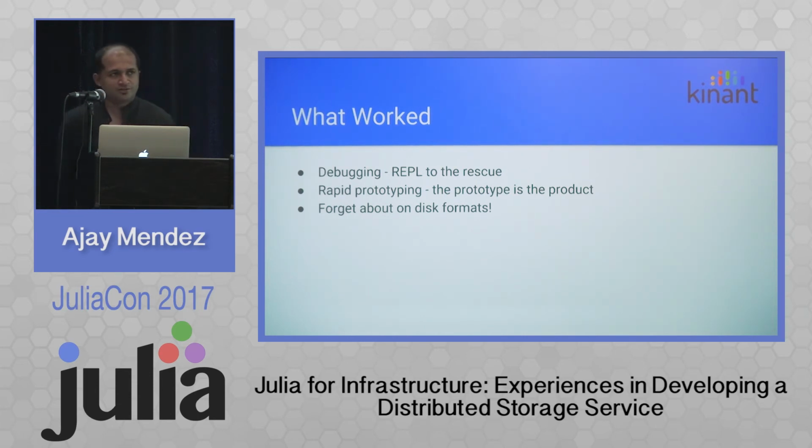And on-disk formats can be a big deal when you're developing things like databases or file systems. The problem is that once you write data structures to disk and you ship a product, it's almost impossible to change it.